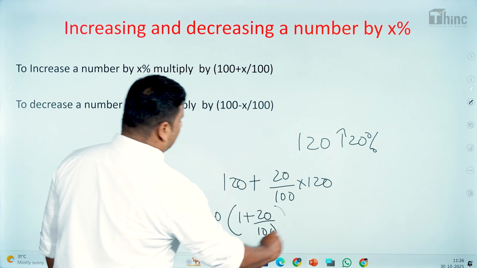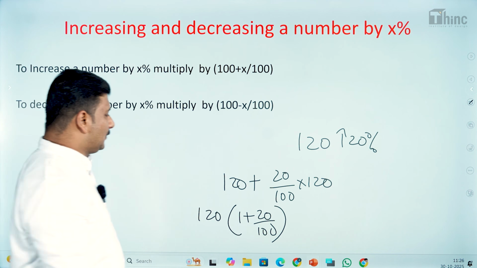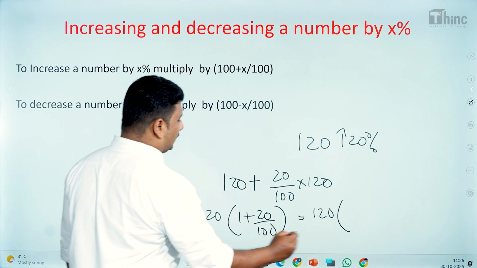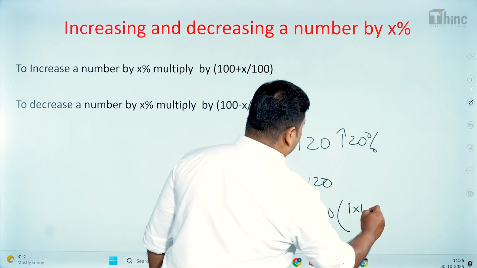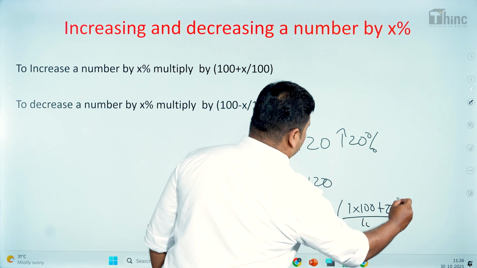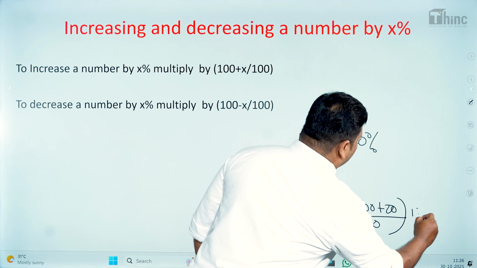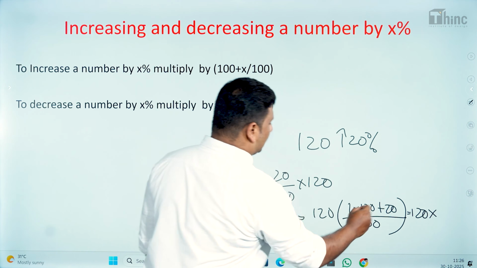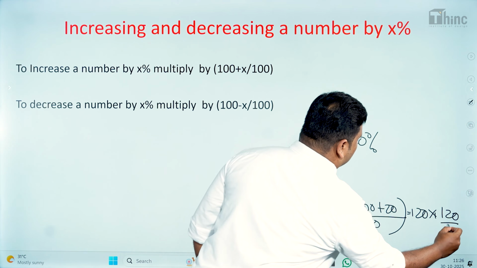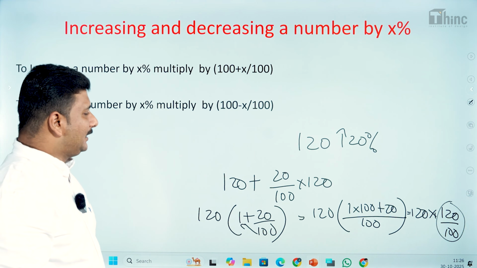So we'll do 120 into, when you cross multiply, 1 into 100 plus 20 by 100, which is basically nothing but 120 into, what is 100 plus 20? 120 by 100, right? So what is the multiplication factor here? It's 120 by 100.